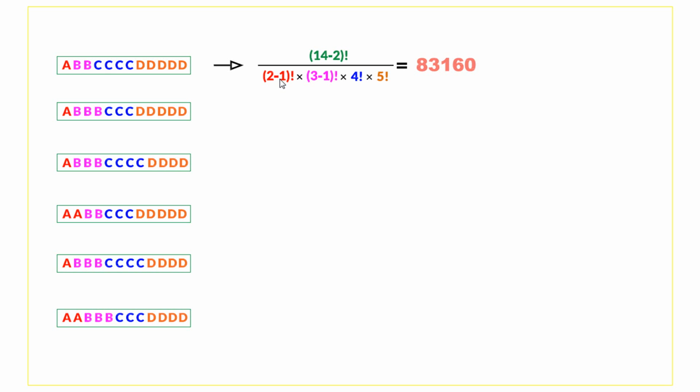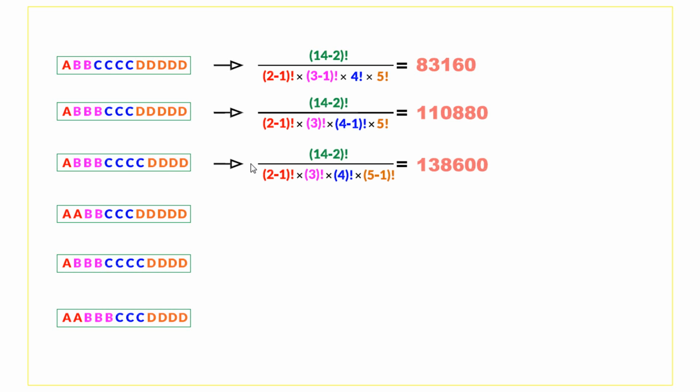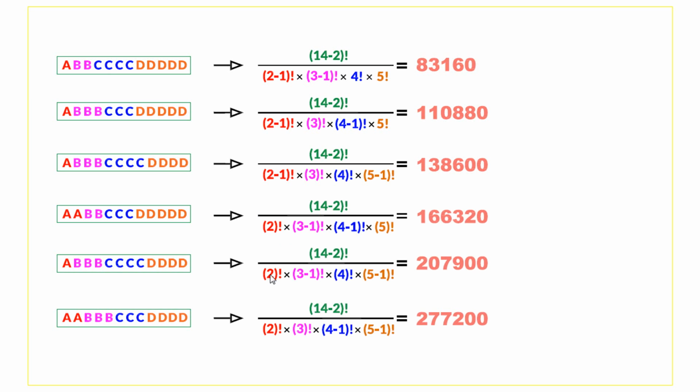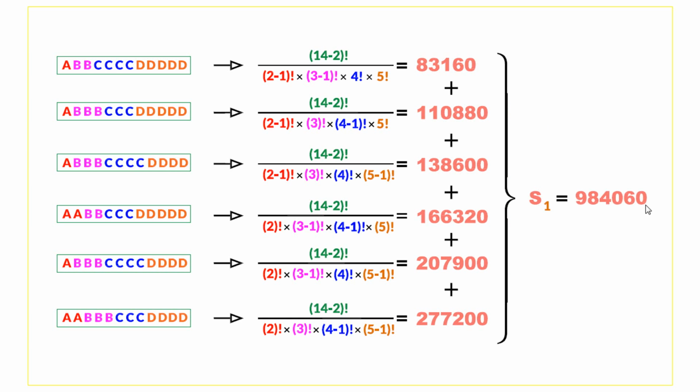We have only one identical item, which is identical to itself, and we have here 2 B's, so 3 minus 1 factorial, which is 2 factorial. We write each corresponding permutation for each word, we add them together and we get the sum of them. So this is the total number of permutations for these 6 cases.